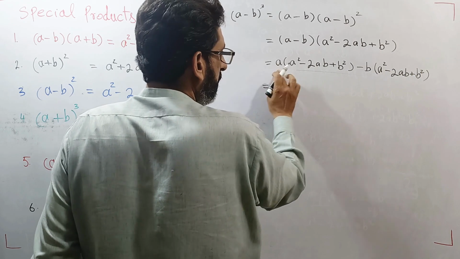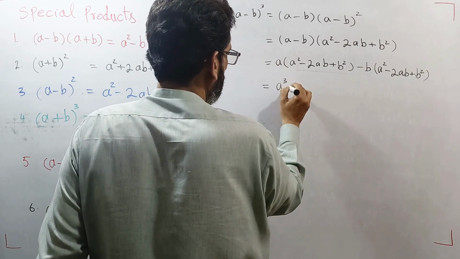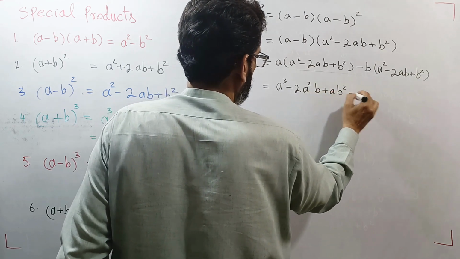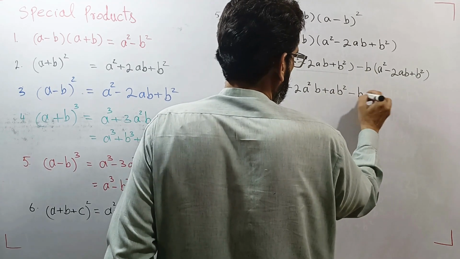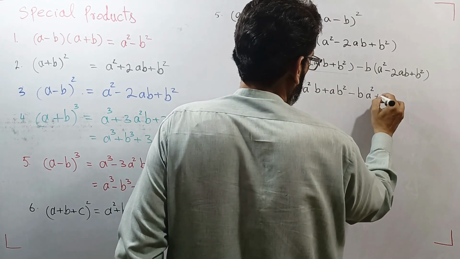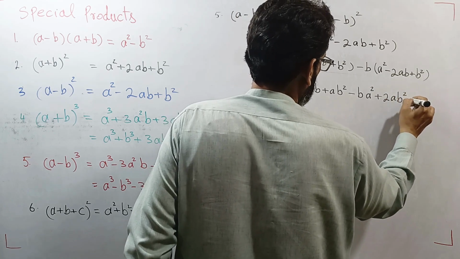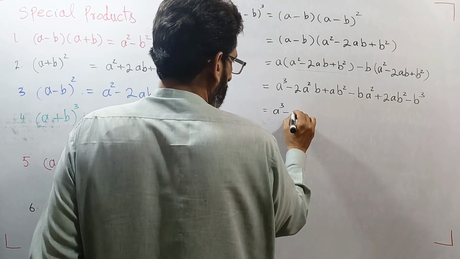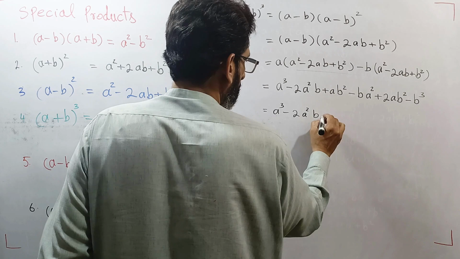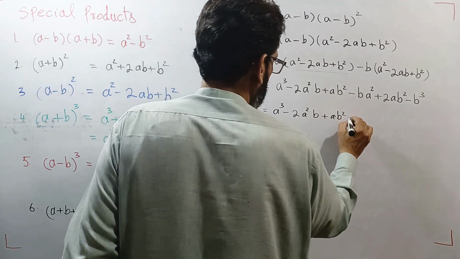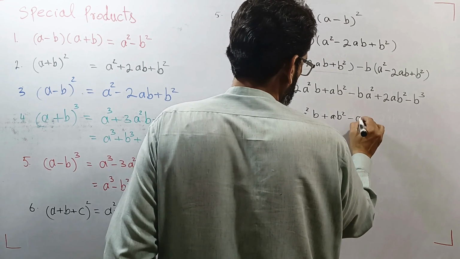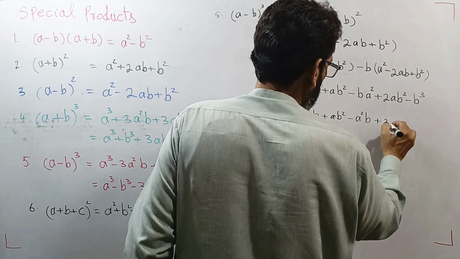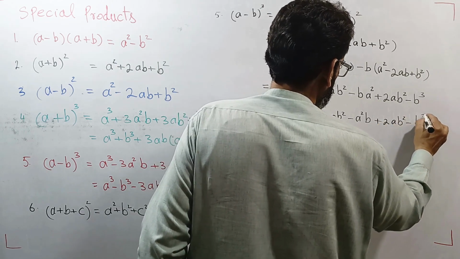When we multiply this a with this expression, we get a cube minus 2a square b plus ab square, minus b a square, minus minus plus 2ab square minus b cube. A cube minus 2a square b plus ab square. We commute this term and write a square b plus 2ab square minus b cube.